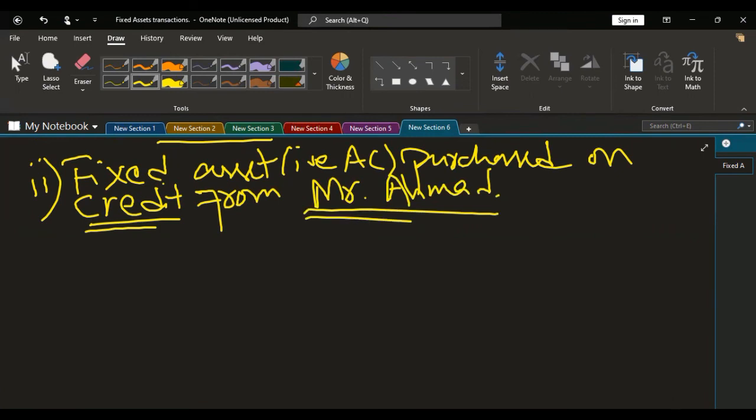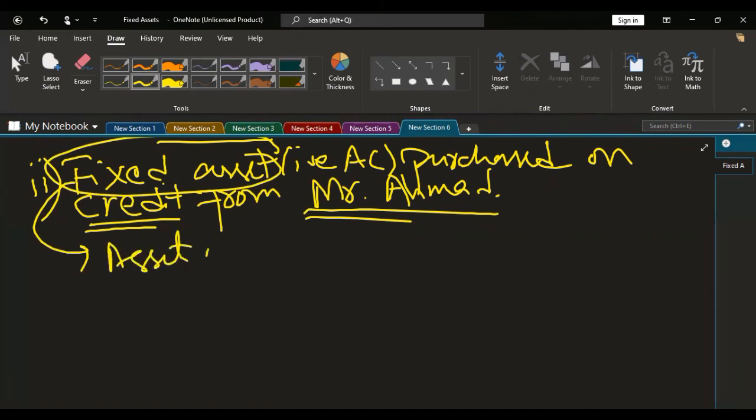So now the entry will be: fixed assets are increasing and the liability to pay to Mr. Ahmed for this AC will also increase.